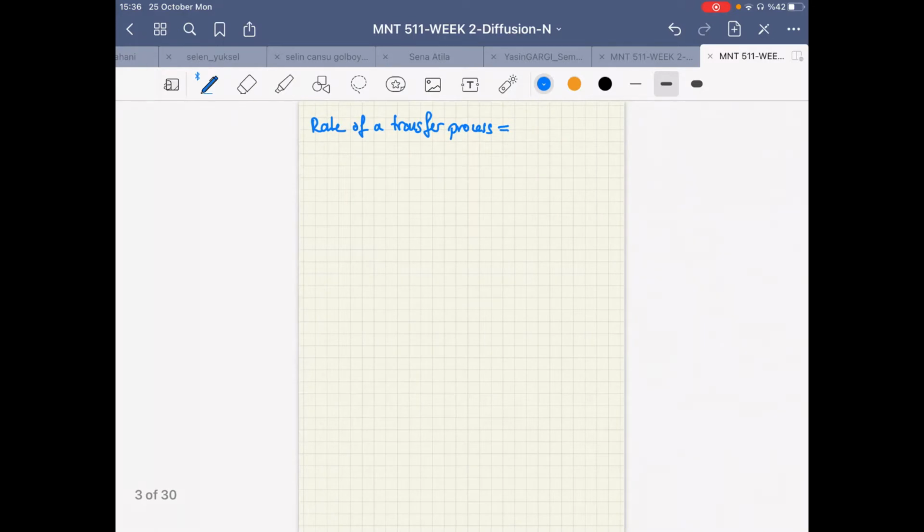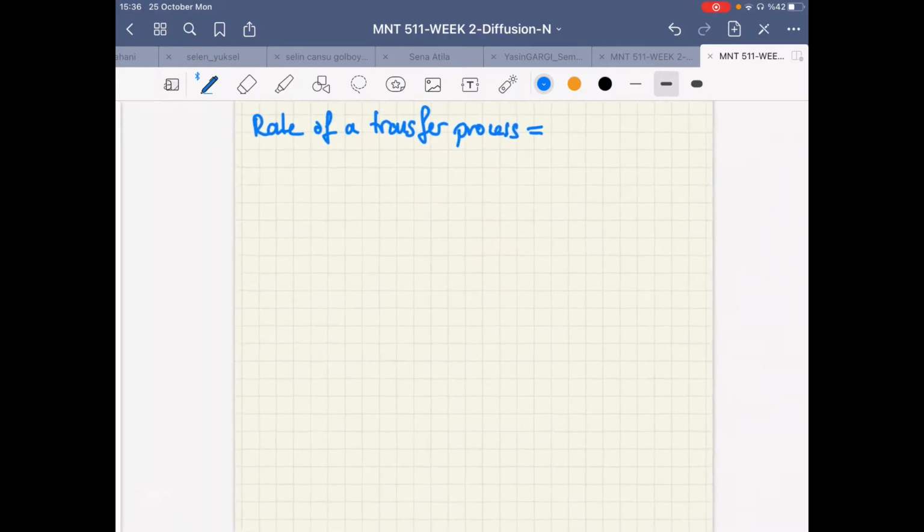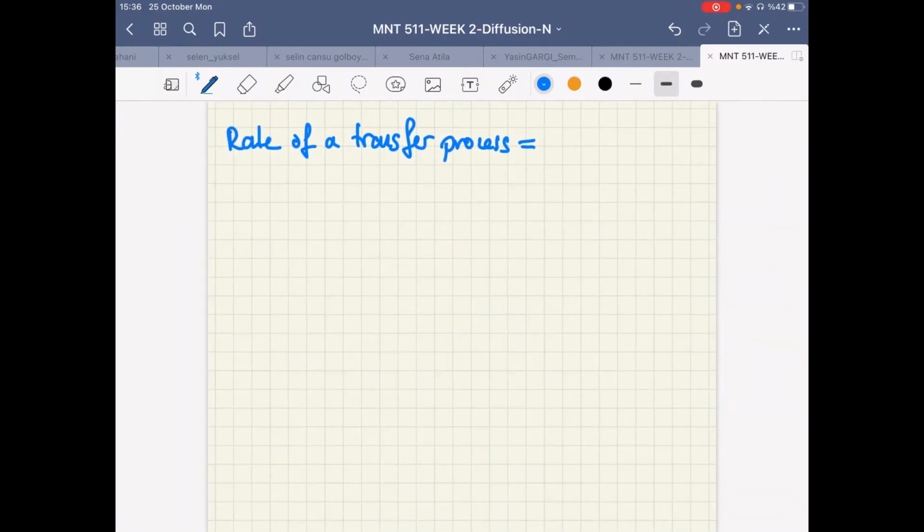And when we're talking about these kinds of processes, what we're talking about is what we call flux. And flux is a positive value. It's the number of particles passing through a unit surface area per unit time.